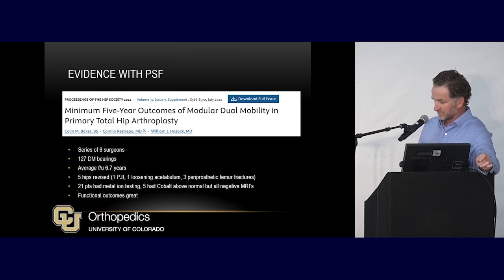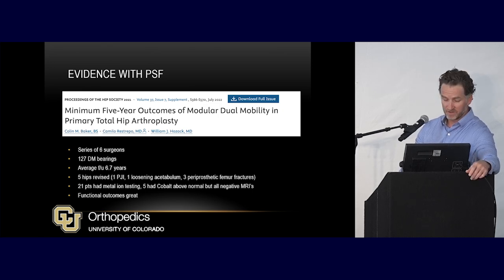The paper that is quoted all the time from the Mayo Clinic basically said that it doesn't matter if you put your cup in a safe zone, you're still going to have instability. But they didn't assess leg length, center of rotation, or offset. So I will take a lot of these with a grain of salt, because it's all of the above that has anything to do with stability. Yeah, I think that's a good point.